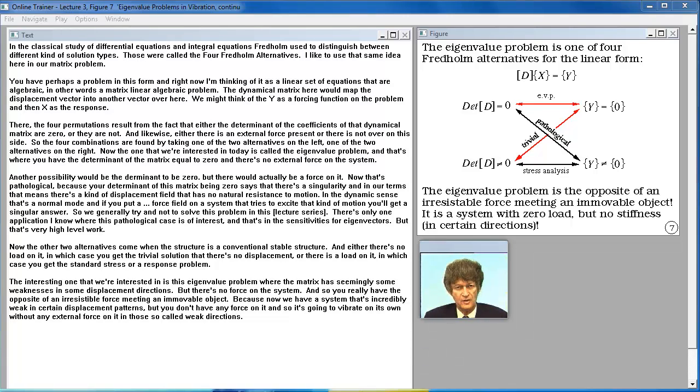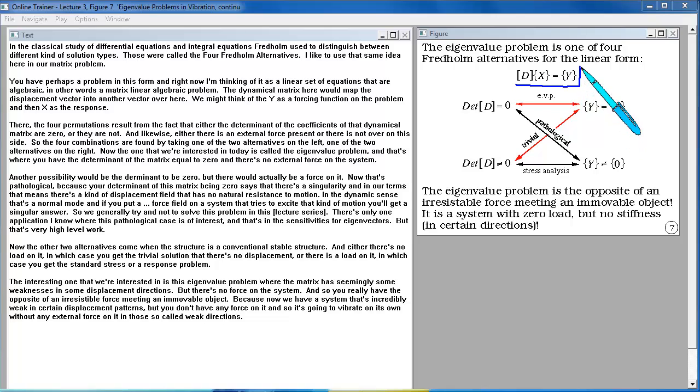In the classical study of differential equations and integral equations, Fredholm used to distinguish between different kinds of solution types. Those were called the four Fredholm alternatives. I like to use that same idea here in our matrix problem. You have perhaps a problem in this form, and right now I'm thinking of it as a linear set of algebraic equations.